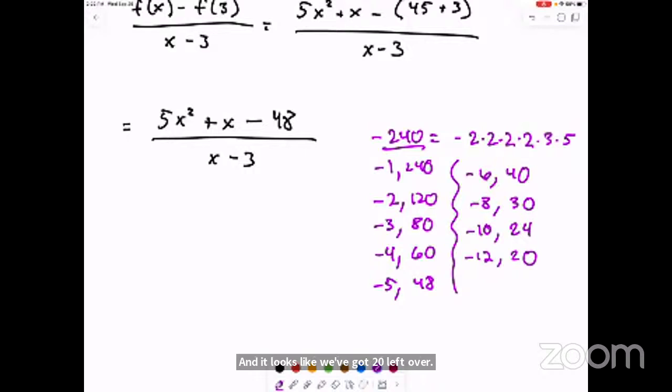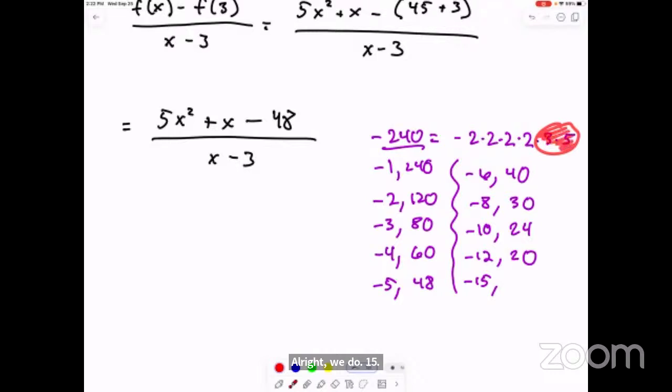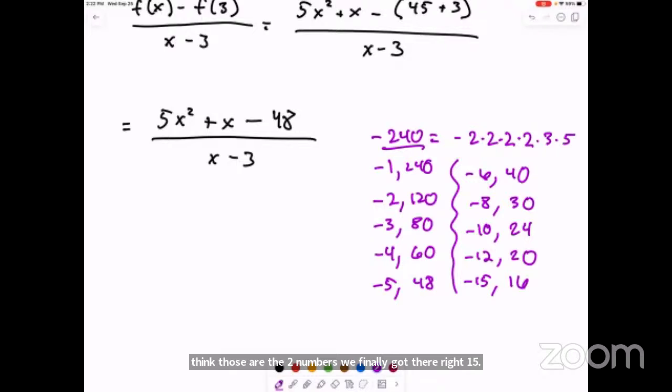I think we can do 15. All right. If we do 15, I think those are the two numbers. We finally got there, right? 15 and 16. We want the two numbers to add up to a positive 1. So these are the two numbers that we were looking for, right?